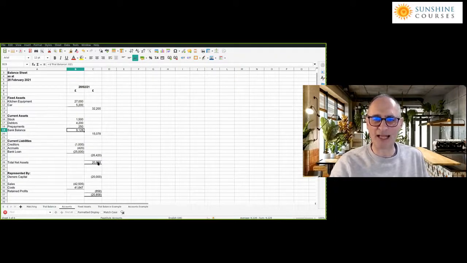The total assets has gone up from £20,000 at the beginning of the period to £20,858, because we got this profit of 858, which is the difference between our sales and our costs. And I'm very happy that our total assets and the amount we owe back to our owner equal each other.